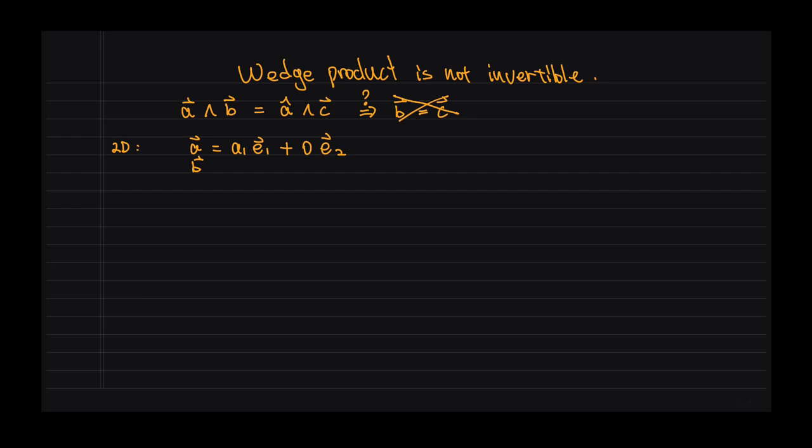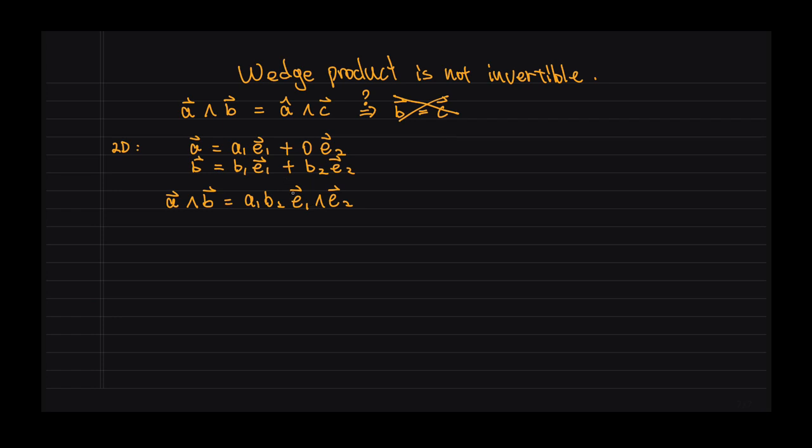Then we will have vector B equal to B1 E1 plus B2 E2, since we already decided the basis vector such that E1 aligns with vector A. If we do the wedge product, vector A wedge vector B, then you will have A1 B2 E1 wedge E2.